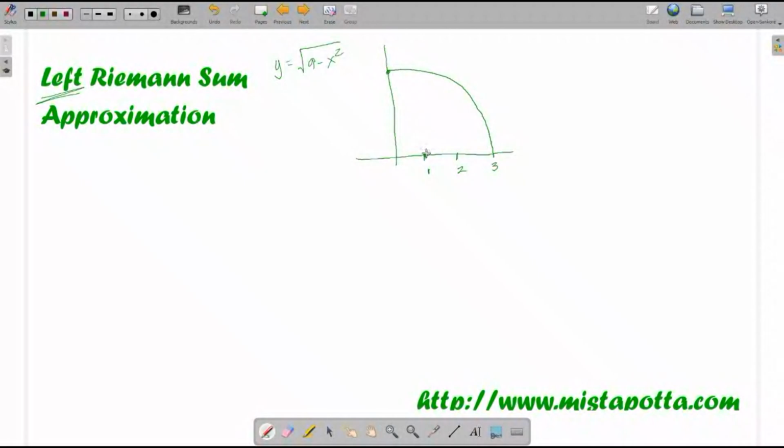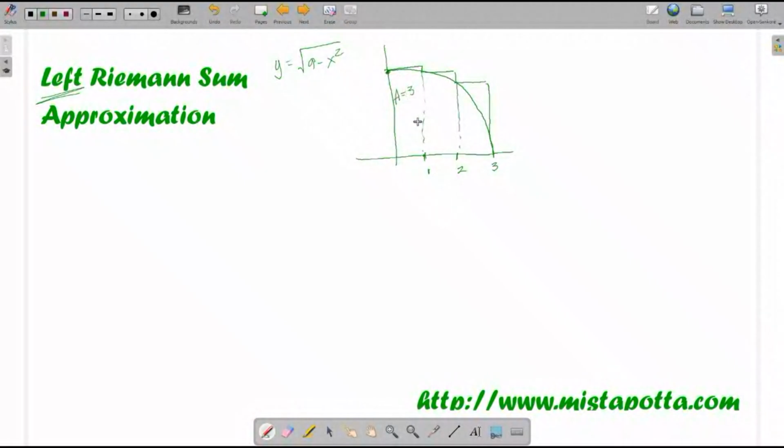So if I do a left Riemann sum, that means I'm using my left endpoints to determine the height of each rectangle. And you can see in this case ends up being an underestimate as well, but just a slight underestimate, not nearly as much of an underestimate as it was before.